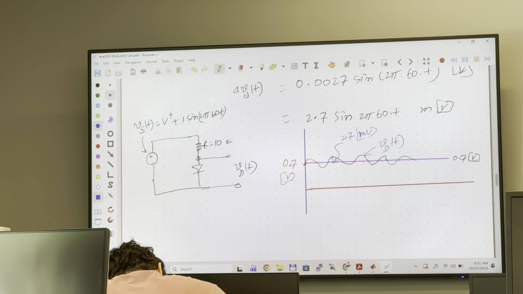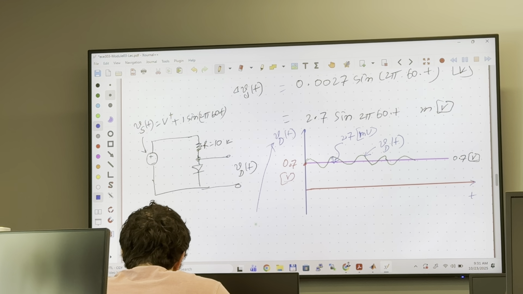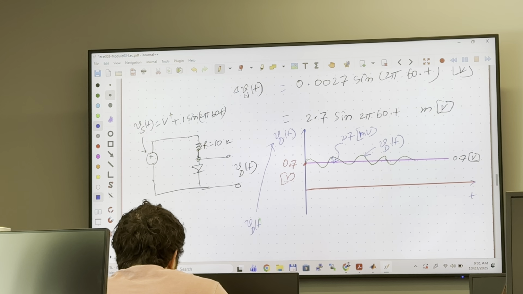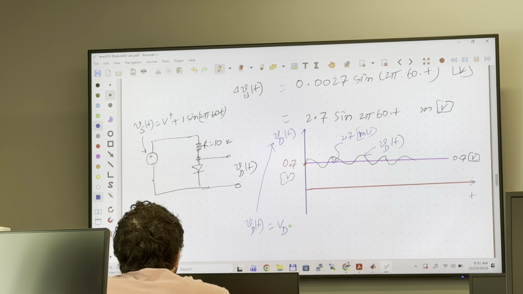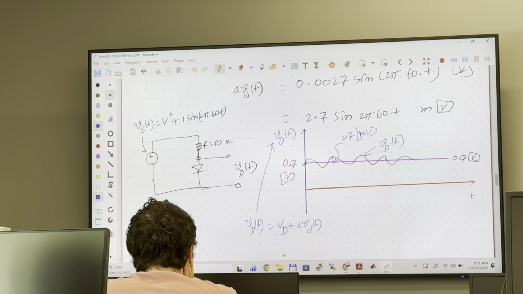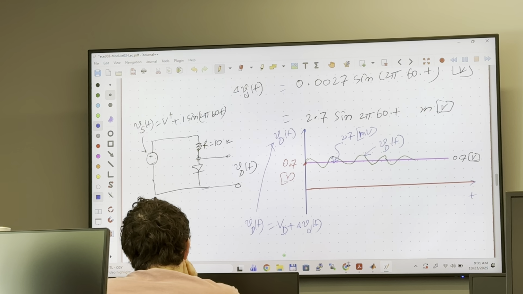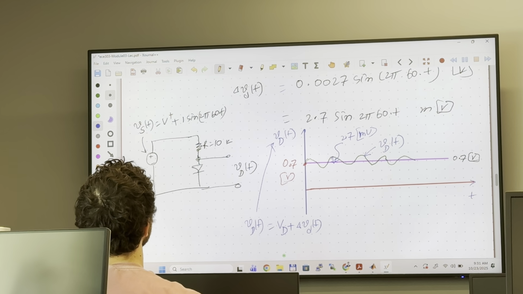The x-axis is time t, and the y-axis is vd(t), which means it is VD, the 0.7 volt, plus delta vd(t). So that is the graphical representation of the output that we are expecting across the diode.